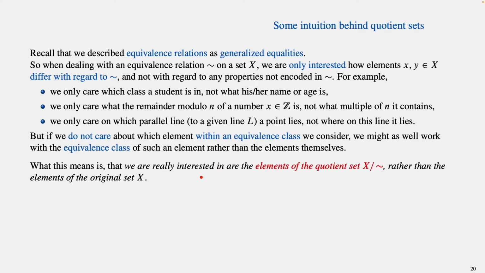And this means that we are really interested in the elements of the quotient set X over tilde rather than the elements of the original set X. So instead of considering the equivalence classes as subsets of X which contain equivalent elements, we move over to considering the equivalence classes themselves as elements. And the right set to do that in is this quotient set.